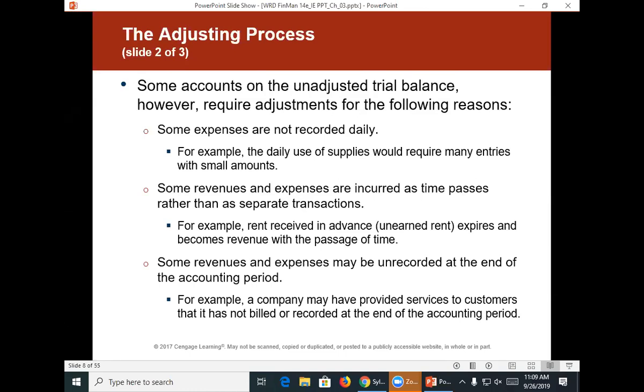We debited supplies and credited cash or accounts payable. As those supplies got used up, what did I have to do to them? What was the journal entry when we used up supplies? We debited supplies expense. Yeah, we expensed them off, right? Because we no longer had those supplies. That's an adjusting entry.